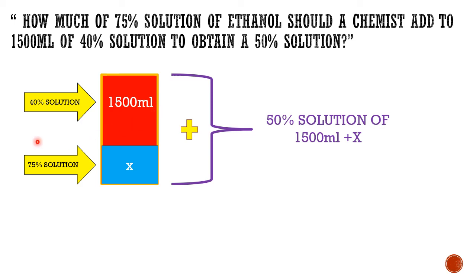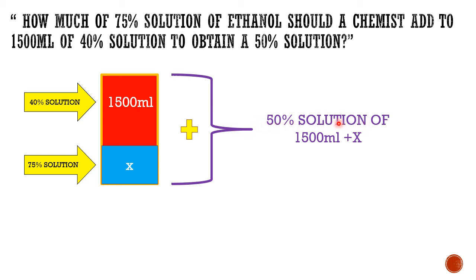Mapapansin nyo, dito, ang sinasabi ng problem is mag-a-add daw tayo ng 75% solution ng ethanol. Gaano karaming ethanol yung idadagdag natin sa solution natin? Nilet natin siya as x na i-combine natin sa 40% solution na merong 1,500 ml. Kaya add dito, para makakuha tayo ng 50% solution.